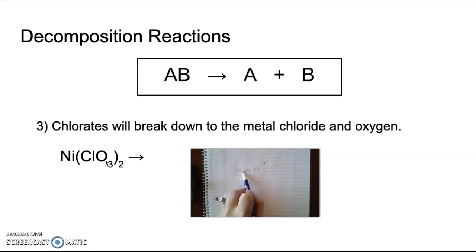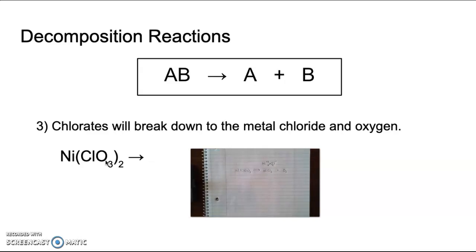Now, chloride means just chlorine. That IDE ending means it's just a single element. And chlorine is in group 17, so that one's got a -1 charge. So when I cross down my charges here, I'm going to get the formula for nickel chloride as NiCl2. All right, so this is my metal chloride, nickel chloride. And then my other product is always going to be oxygen, which is diatomic. So it's going to be that O2 here.